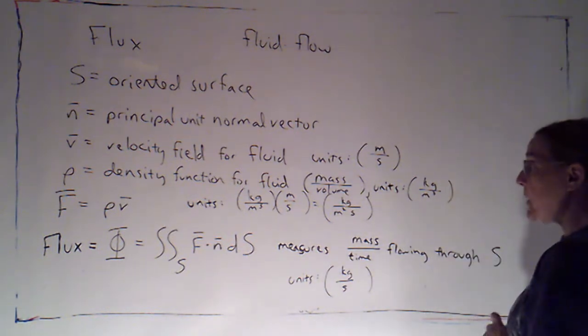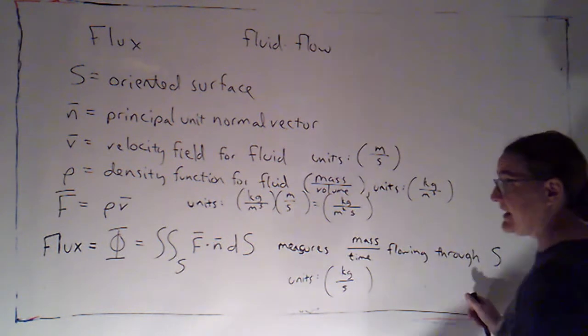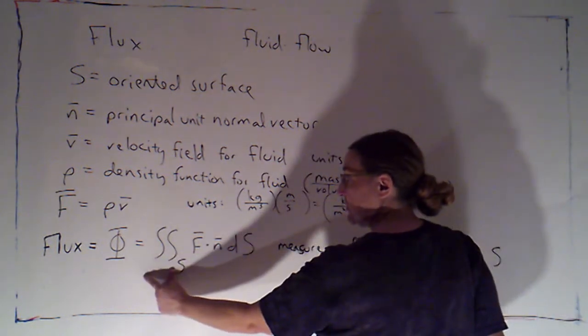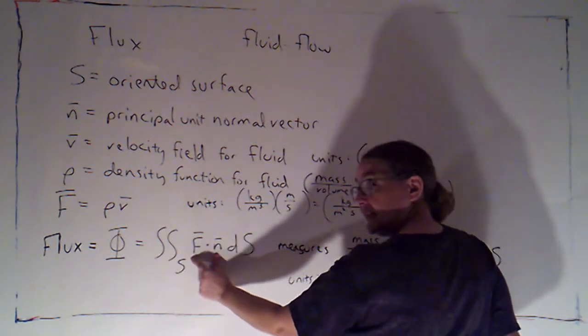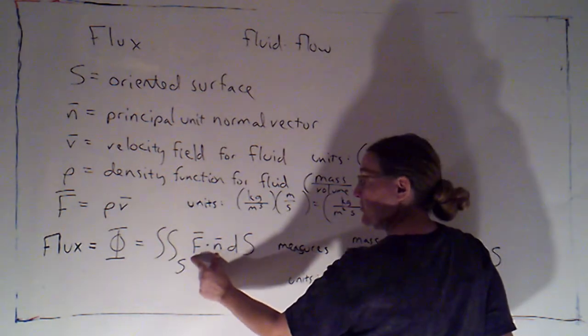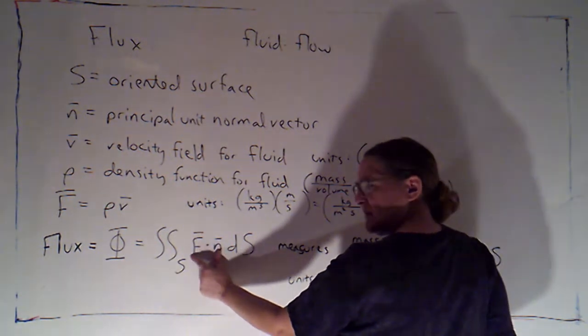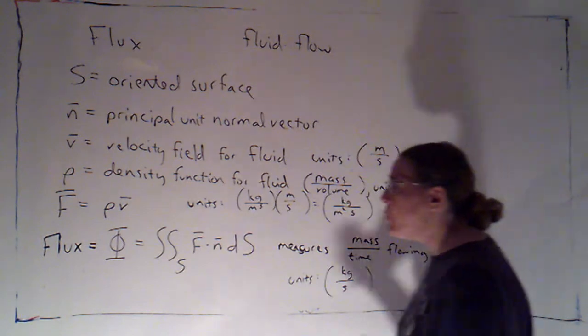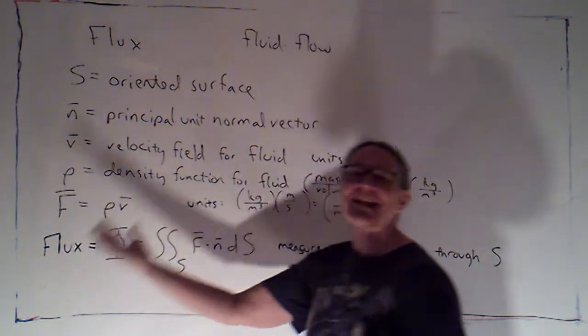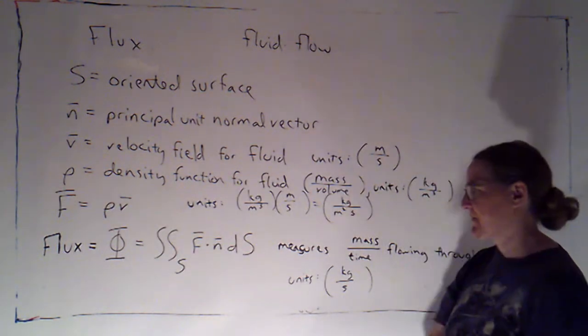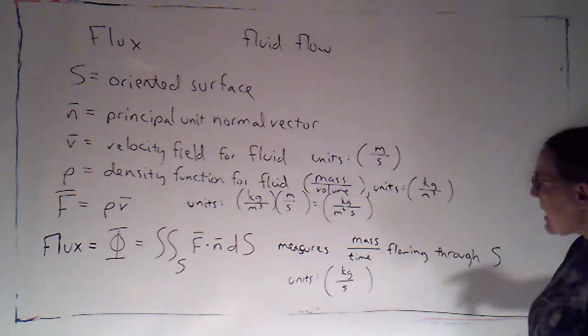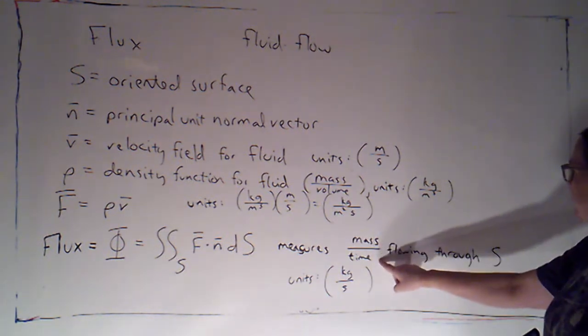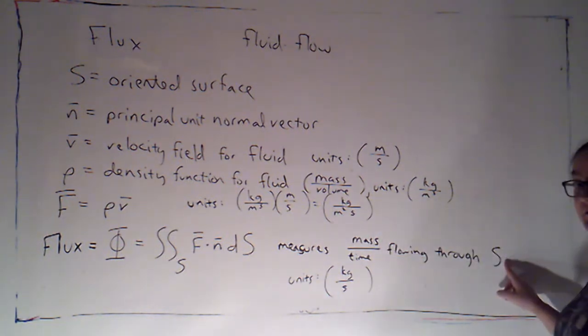Turns out what we're going to end up integrating is the surface integral of F dotted with that principal unit normal vector. We'll see in a moment that's going to be the component of this that's actually flowing through the surface. Okay. And I've said that's going to be measuring mass per unit of time that's flowing through the surface S.